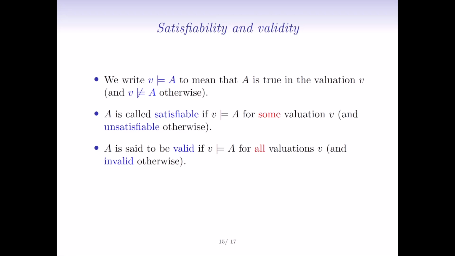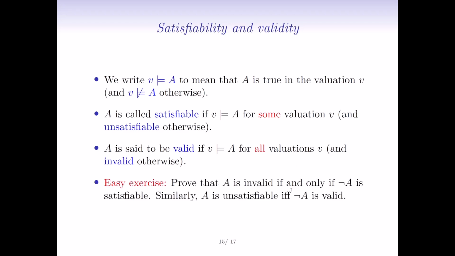So every valuation satisfies the formula: V satisfies A for all valuations V. If, on the other hand, V does not satisfy A for some valuation V, in other words, if there's at least some way of making it false, then it's called invalid.